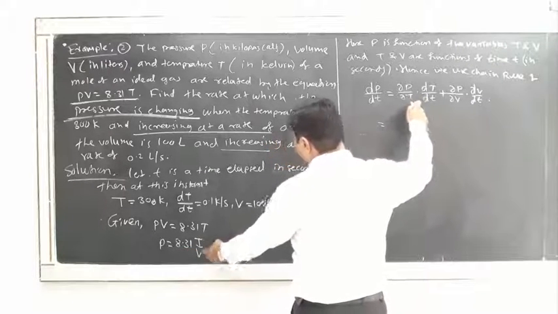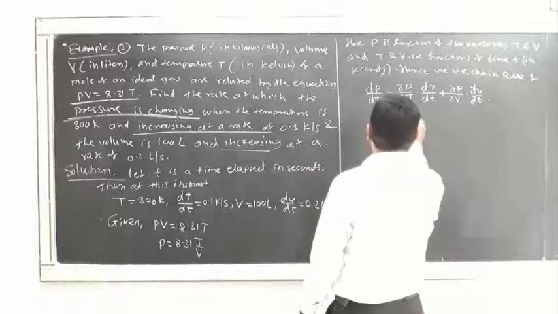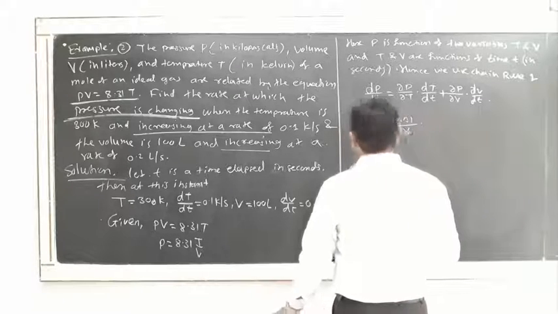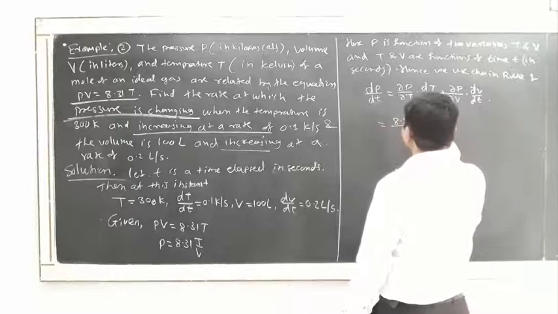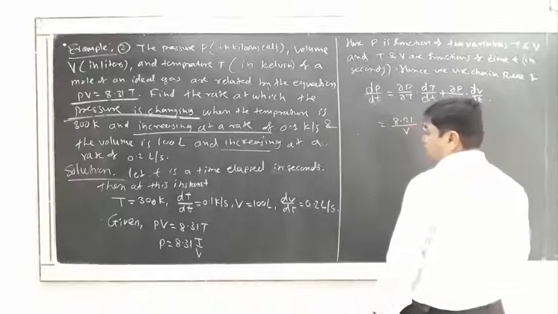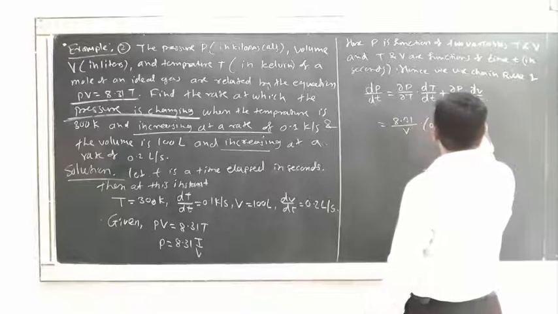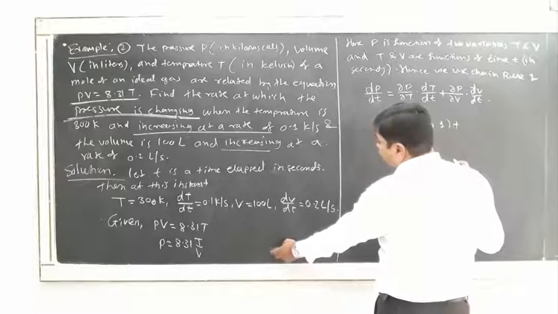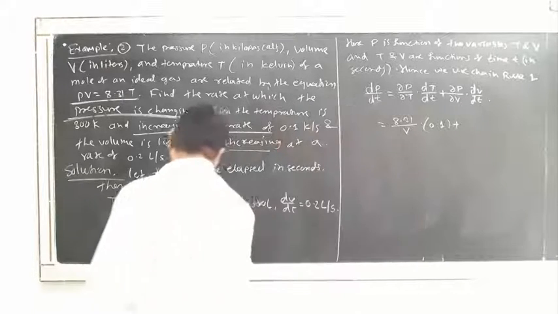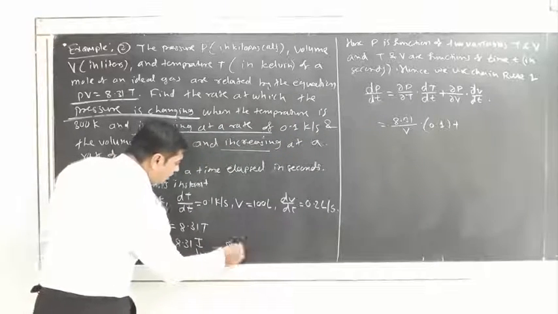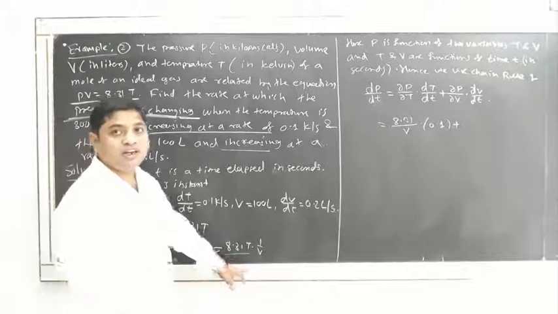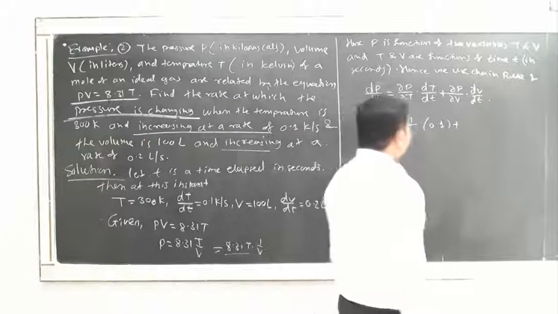The derivative of this P with respect to T, derivative of T is 1. So it should be 8.31 upon V into 1 into dT by dt, which is 0.1, plus the derivative with respect to V. This can be written as 8.31 T into 1 upon V. Now T is constant, and the derivative of 1 upon V is minus 1 by V square.